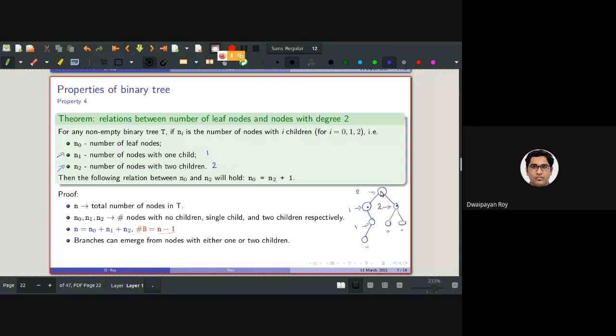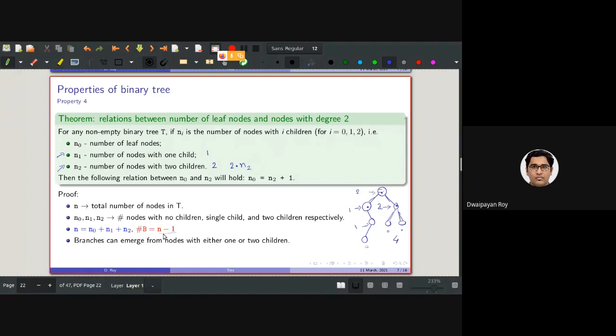So as you can see from this node and this node, we are adding 4 edges or 4 branches. If I consider only these 2 nodes, they are participating in adding 4 new branches: this one, this one, this one, and this one. So altogether it will be 2 into n2.